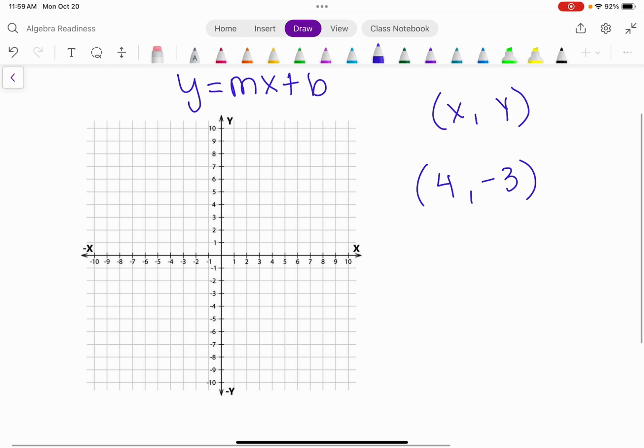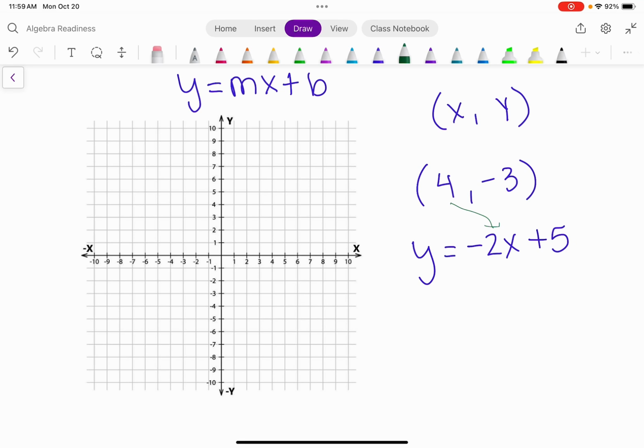So 4, -3 could be a point or a solution for the equation y equals -2x plus 5. And it's a solution because if I were to substitute 4 into this problem, -2 times 4 plus 5, I get -3 as my y value, and that's what makes it a solution. -2 times 4 is -8. -8 plus 5 is -3.